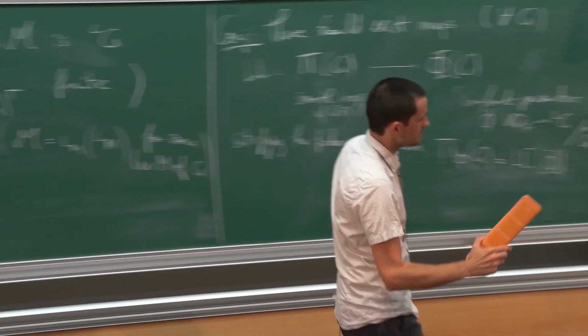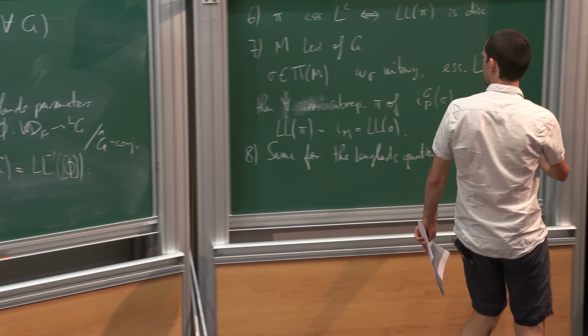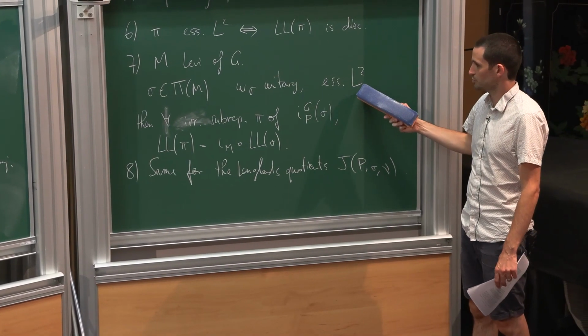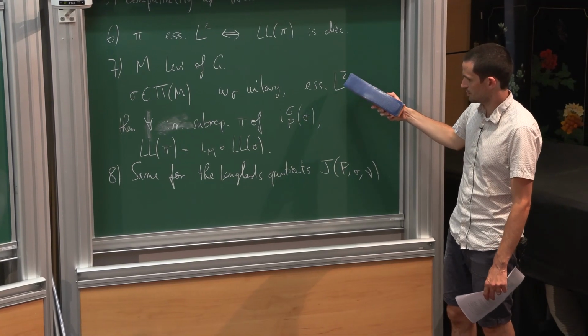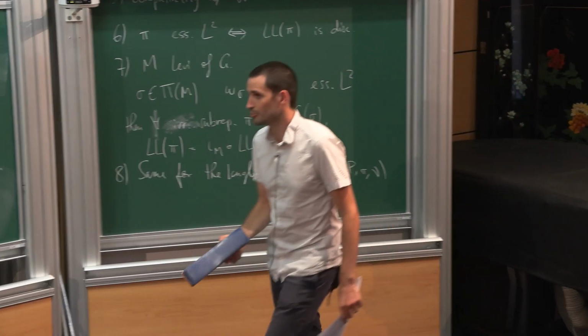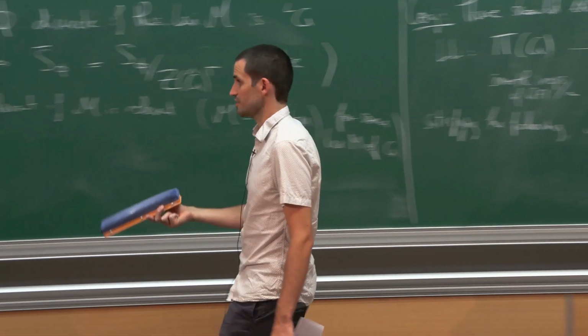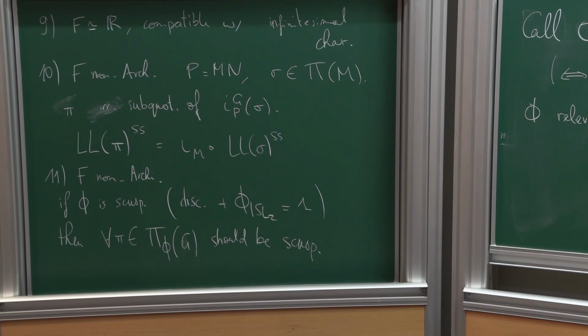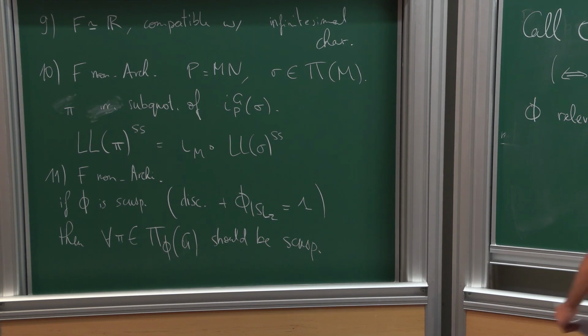And the answer is that we don't have the same assumptions here. Here we have something unitary and essentially L2, or we could have taken tempered, that would work. But here there's no assumption on sigma. So in particular, the central character is not necessarily unitary.